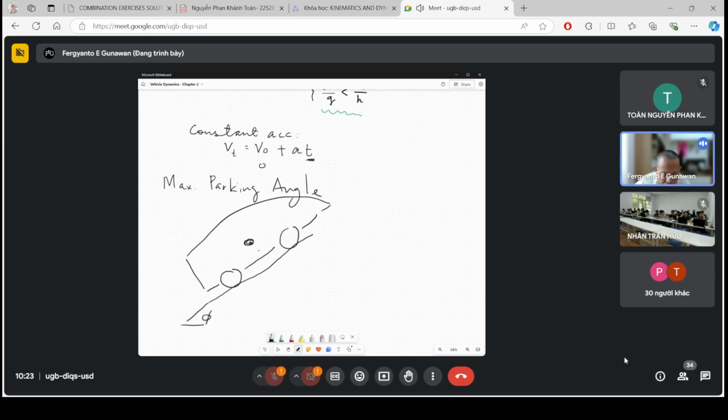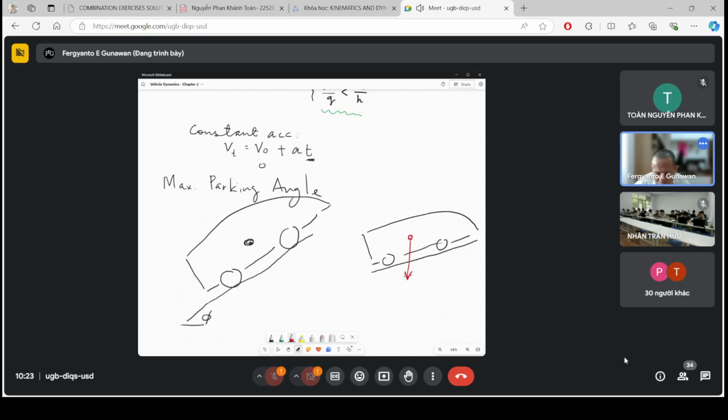Let's talk about the small angle problem here. If the angle is small, as you can see, the weight of the vehicle is directed this way, right?